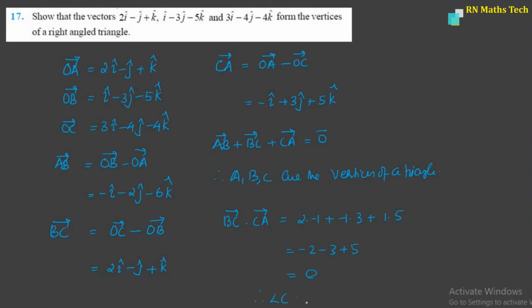Therefore angle C is equal to 90 degrees. Therefore triangle ABC is a right angled triangle. Okay.